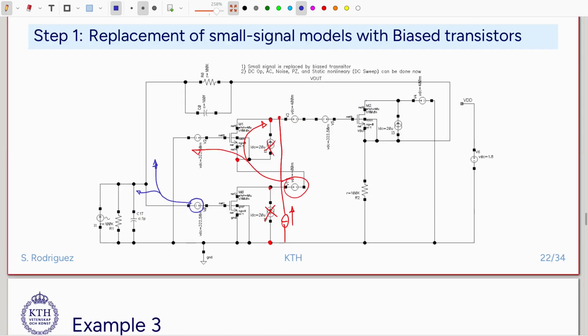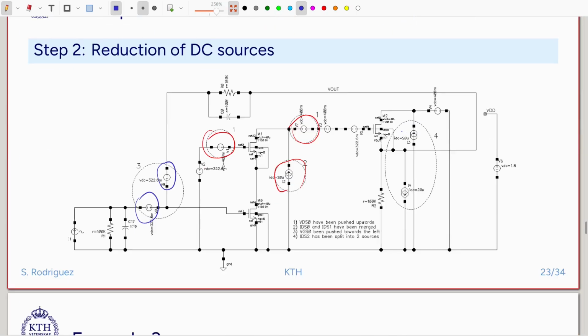This is transistor 2. So IDS2, then there is a current that flows from this point to this one. Then it can be split to a current flowing down here, and a current that flows up here. And then I delete this one here. And that is what we have here.